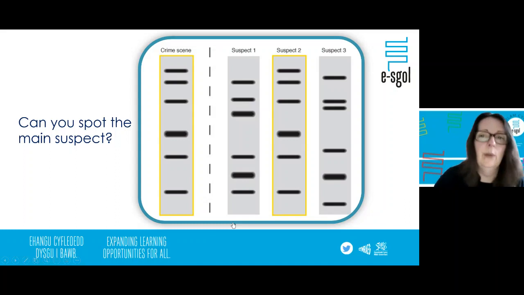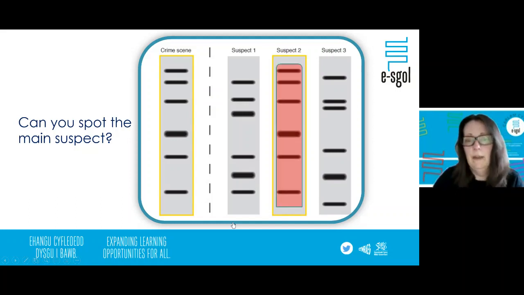And during that process of genetic profiling, this particular image or an image similar to this would be produced. And what you can see here is very clearly the DNA and the genetic profile banding that has been found at the crime scene. And then we've got 3 potential suspects. And you can clearly see that the banding from the crime scene very clearly matches that of suspect 2.